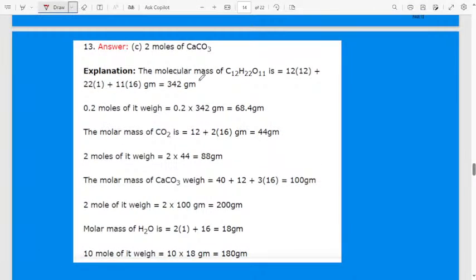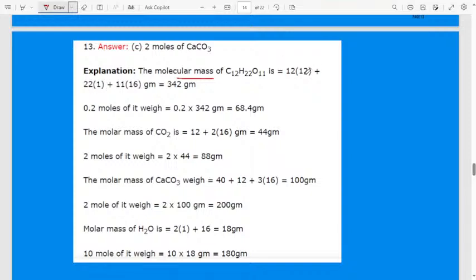See, molecular mass of C12H22O11 is 12 into 12 plus 12 into 22 into 1 plus 11 into 16 gram, that is 342 gram. Here how many atoms of carbon, hydrogen, oxygen are there? 12, 22, 11.